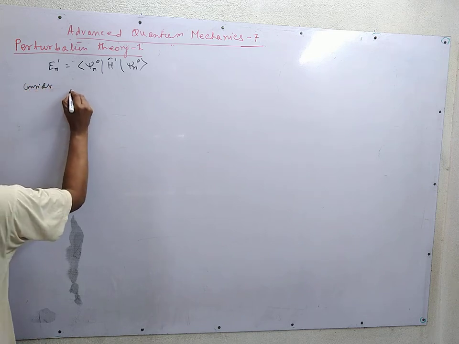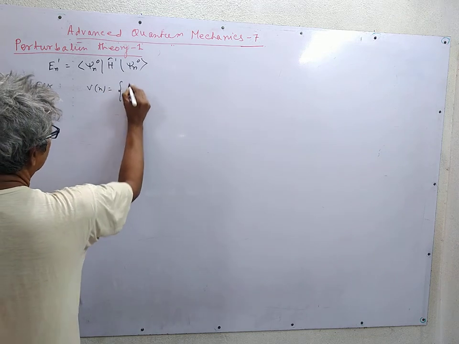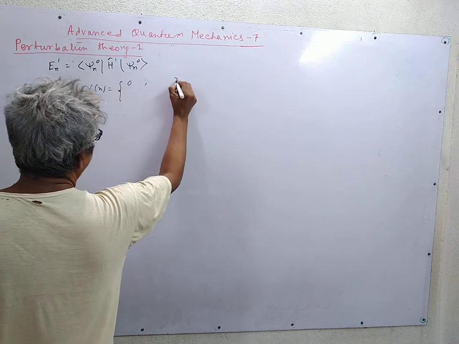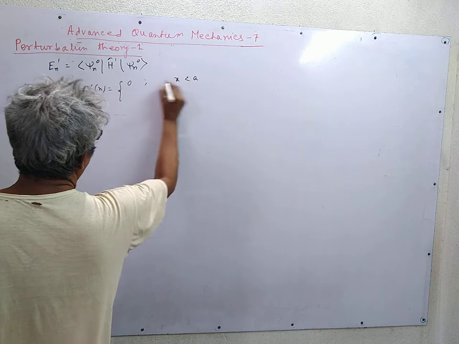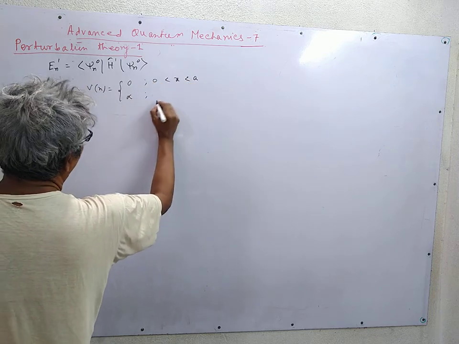Consider a one-dimensional potential V of x equal to 0 for x greater than 0 and less than a, and infinity otherwise.